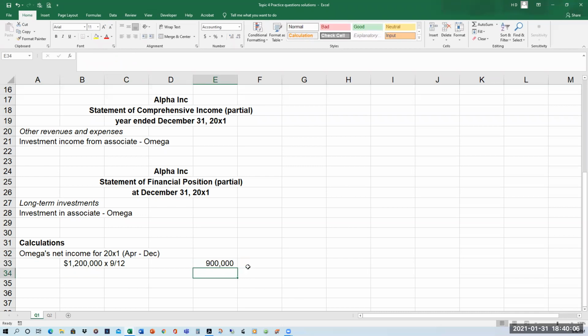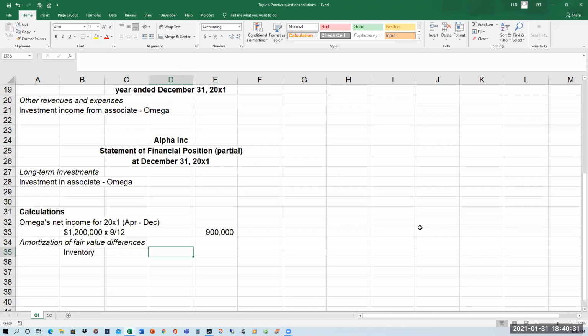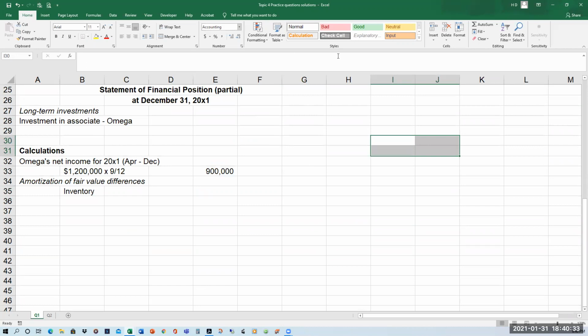Now this amount we have to adjust for amortization of fair value differences. There is the fair value difference on the inventory, which we're told had been overstated by $40,000. So let's do a quick 2x2 as we learned in class to look at which way.